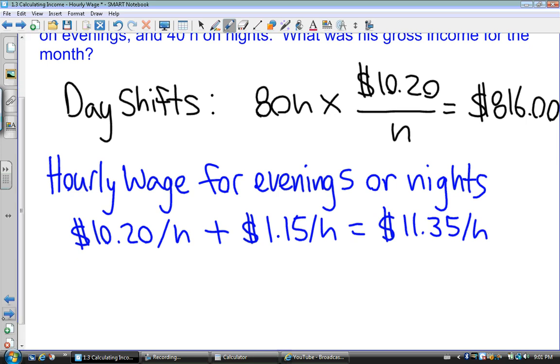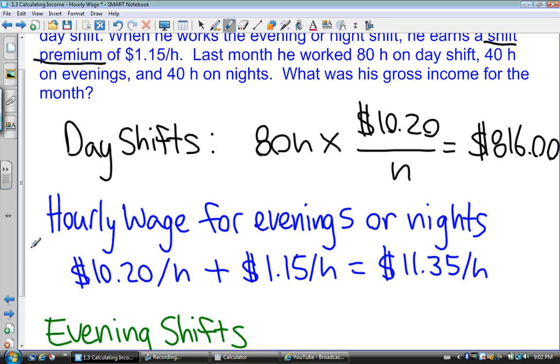So we can now break this up and say, well, look, in evening shifts he worked how many hours? He worked 40 hours on the evenings.